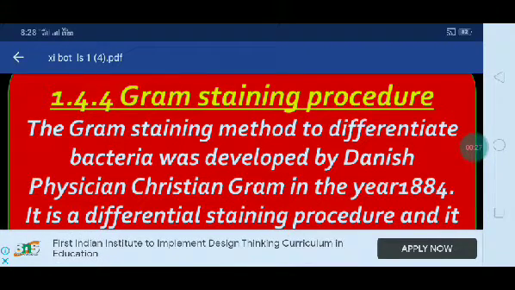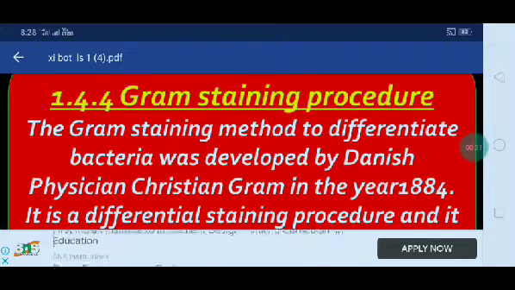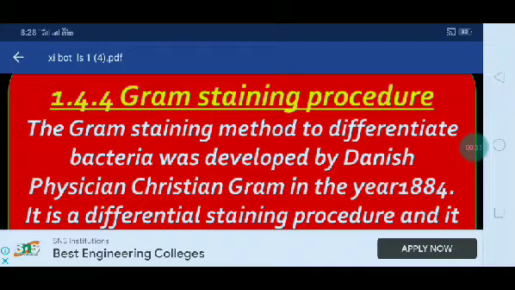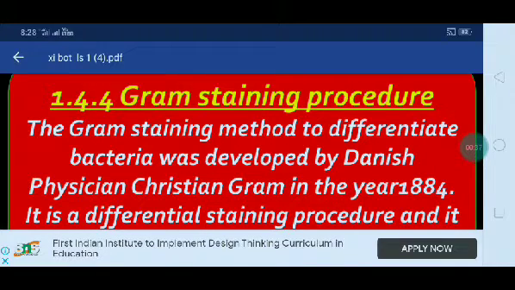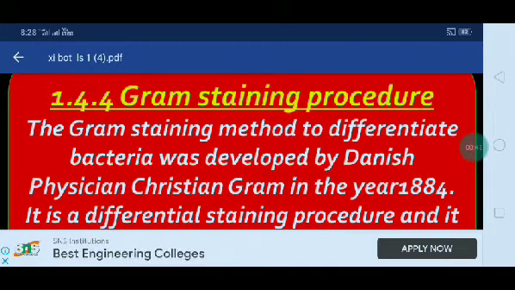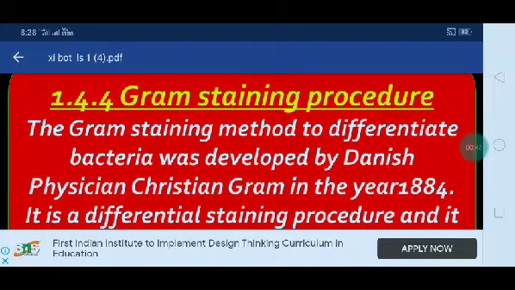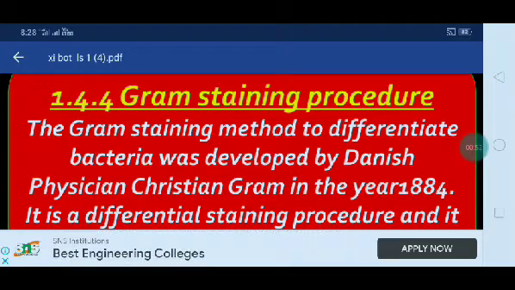This staining to differentiate bacteria was developed by a Danish physician, Christian Gram, in the year 1884.